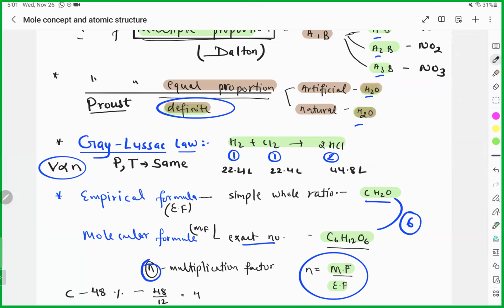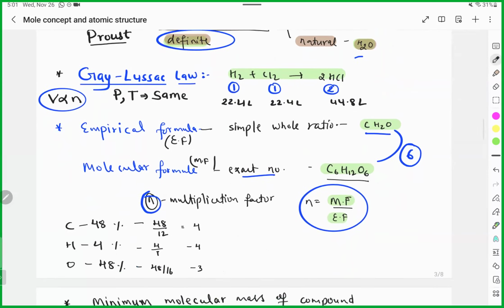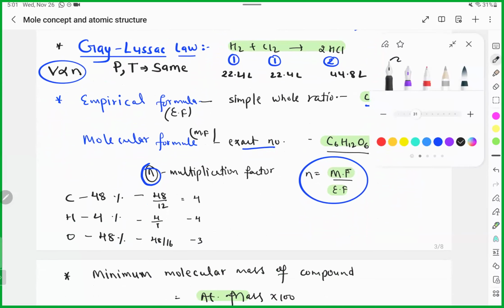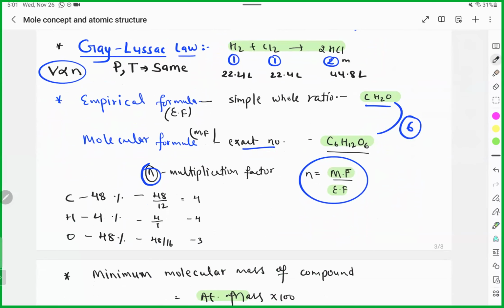Any doubt? The Gay-Lussac law says that when pressure and temperature are constant, volume is directly proportional to the number of moles. More moles, more volume. And same thing here, these are moles. Correct? More moles means more volume.